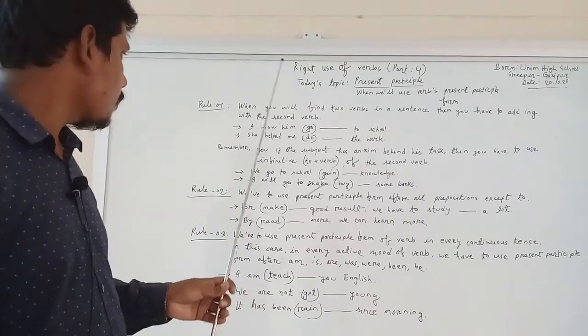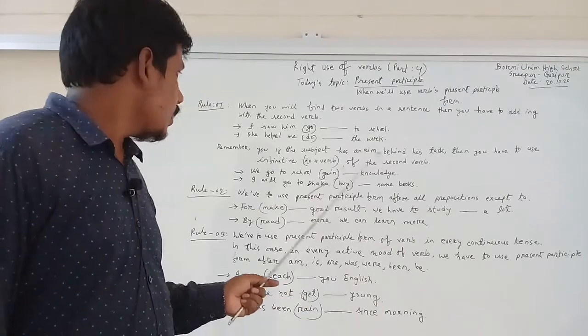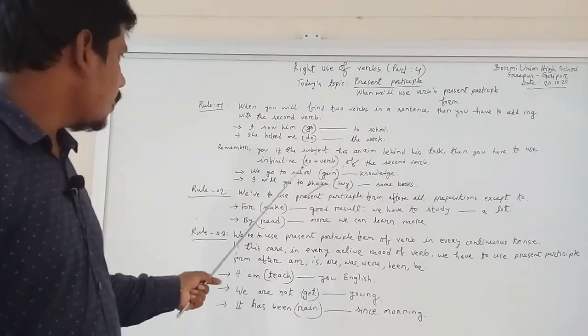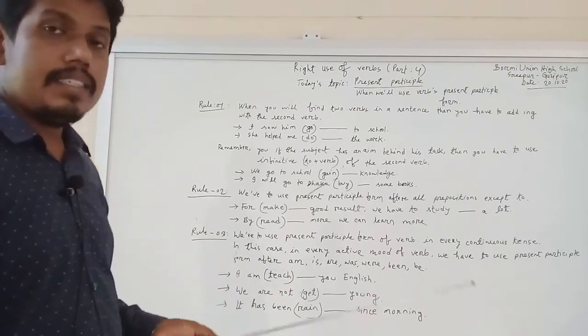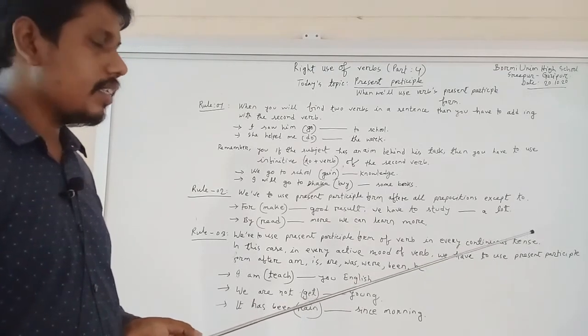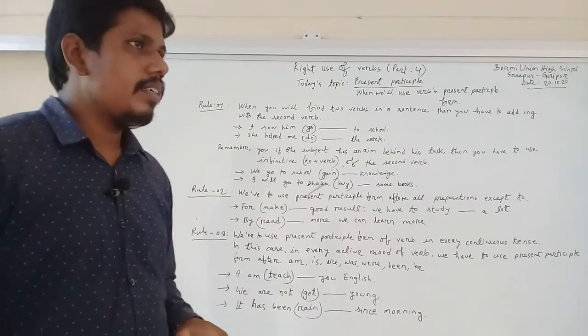For example, we go to school, gain knowledge. Notice in this sentence there are 2 verbs, go and gain, but there is an aim before completing the task. We go to school, gain knowledge.